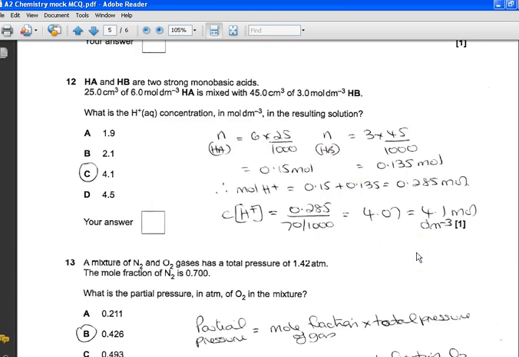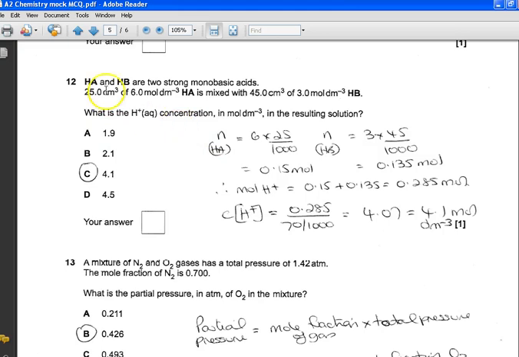Okay, HA, HB, strong acids, monobasic, and you're asked for the H+ concentration. So you need to work out your number of moles of both of them. Add the number of moles together because they're strong acids, so you know they both totally dissociate.